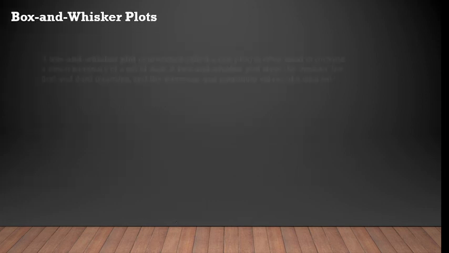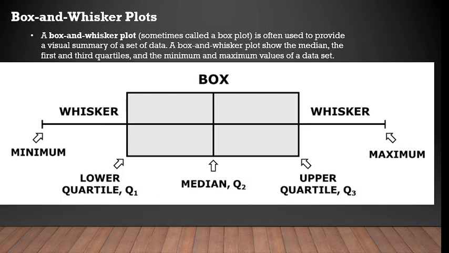So, box and whisker plots. A box and whisker plot, sometimes called a box plot, is often used to provide a visual summary of a set of data. A box and whisker plot shows the median, the first and the third quartiles, and the minimum and maximum values of the data set.